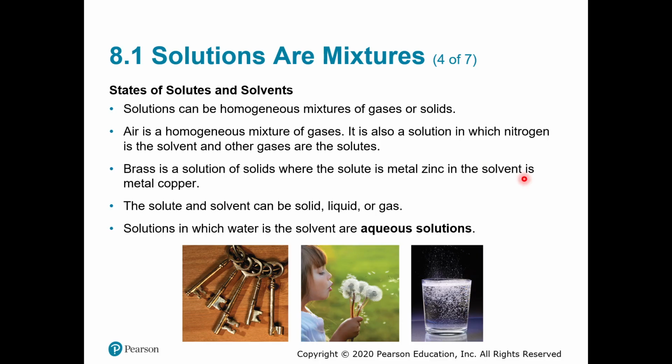Now, brass is another example of a solution. It's a solid, and you have a solute that is the metal zinc, and then the solvent is the metal copper. And so it's zinc and copper mixed together. Again, it's a homogeneous mixture, isn't it? And so brass is another solution. Anybody ever heard of orichalcum, by the way?